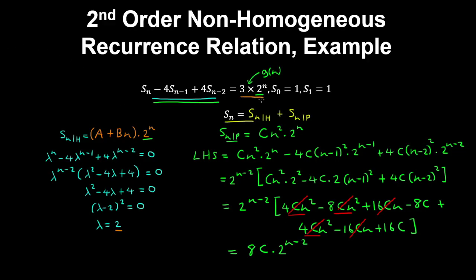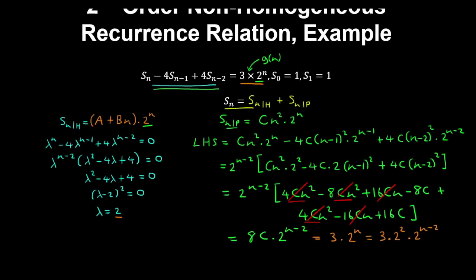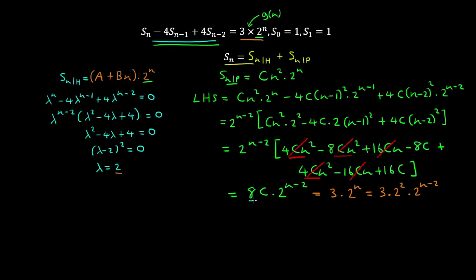And we equate this with the right hand side, which is 3 times 2 to the n, which is the same thing as 3 times 2 squared times 2 to the n minus 2. So therefore we have 8C is equal to 3 times 2 squared, which implies C is 3 on 2. And that's our particular solution.